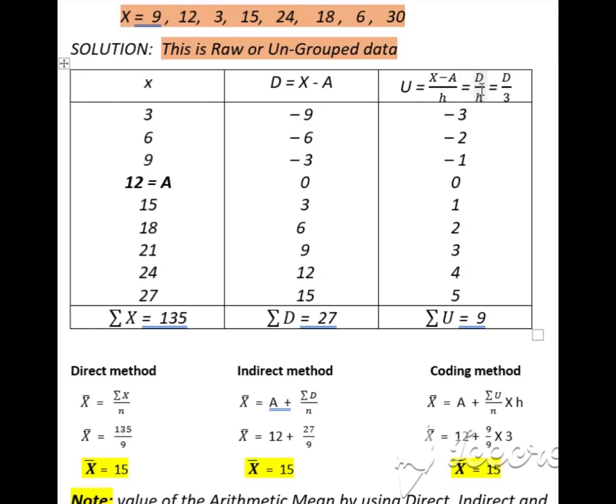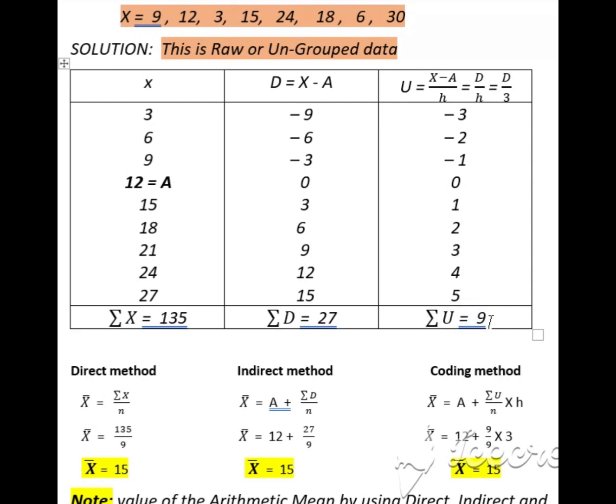Minus 9 divided by 3, you will get minus 3. Minus 6 divided by 3 is minus 2. Minus 3 divided by 3 is minus 1. 0 divided by 3 is 0. 3 divided by 3 is 1. 6 divided by 3 is 2. 9 divided by 3 is 3. 12 divided by 3 is 4, and so on. Now sigma U means the total of U. Just add up these numbers, we will get 9.